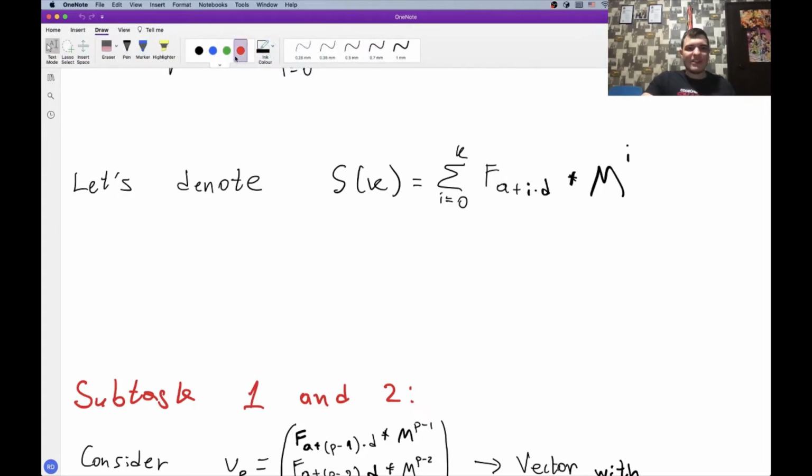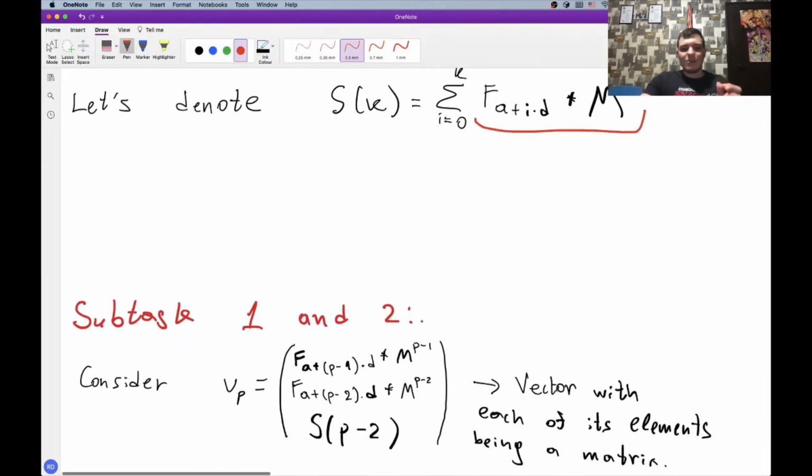Obviously we have some sum, and every term of the sum will be of this form, and in our vector we'll just keep the last 2 terms from this sum.